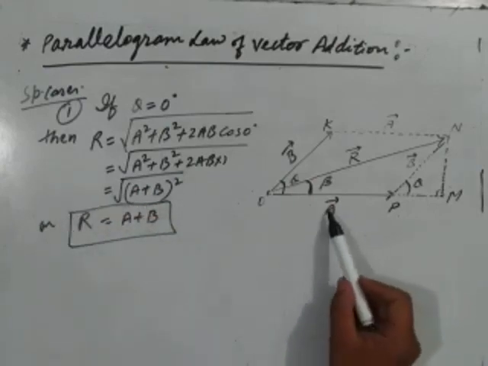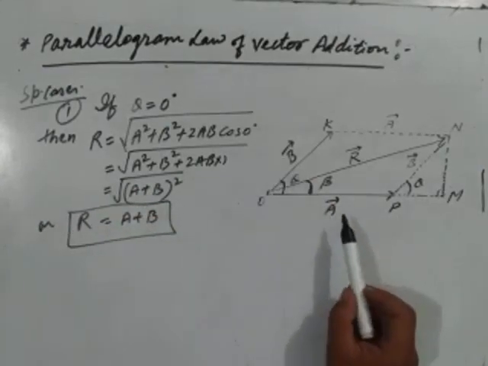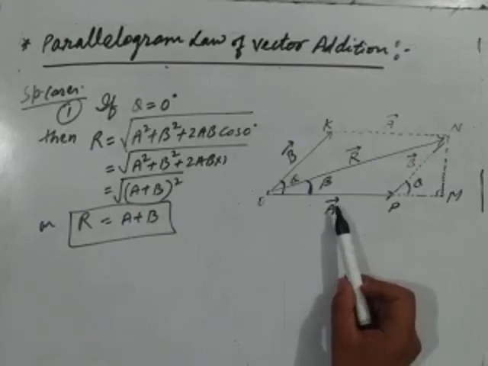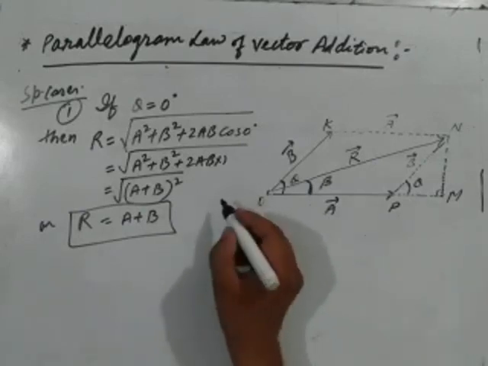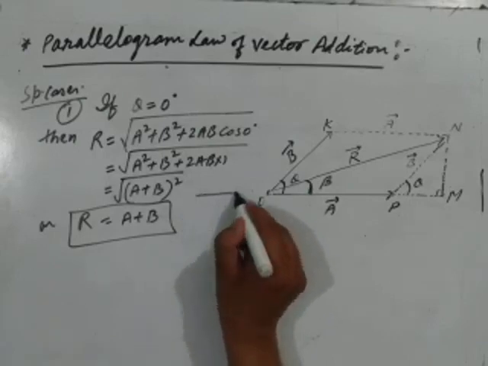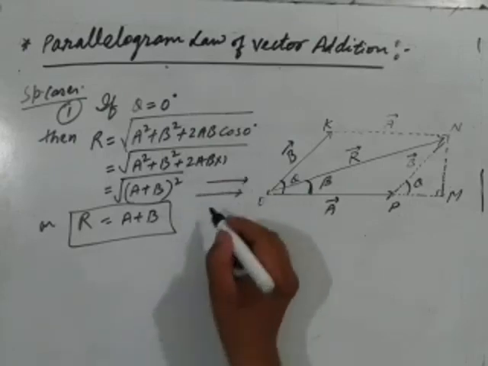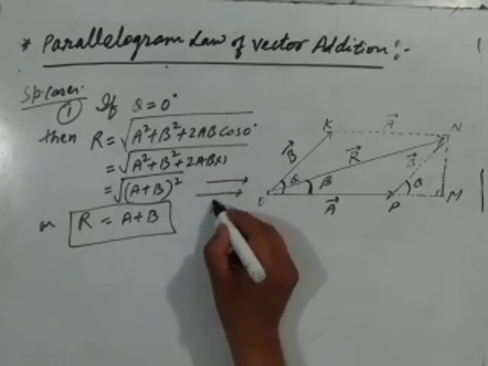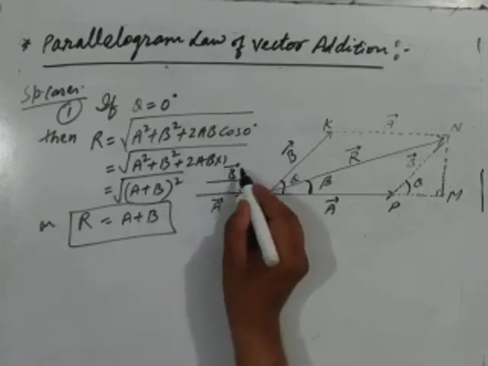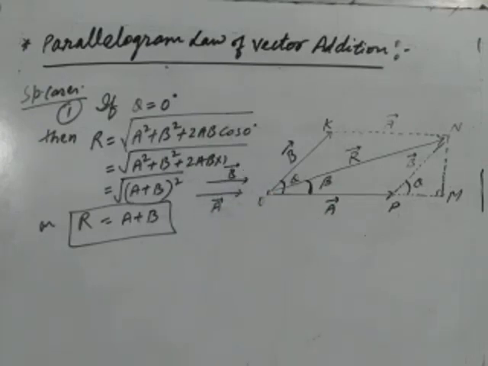So if the two vectors are acting parallel to each other and in the same direction, the angle between them will be 0 degree and their resultant will be equivalent to r equal to a plus b.